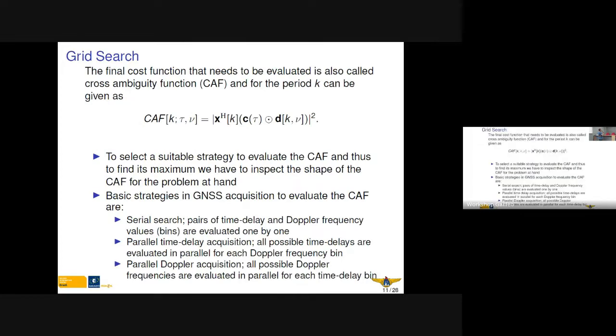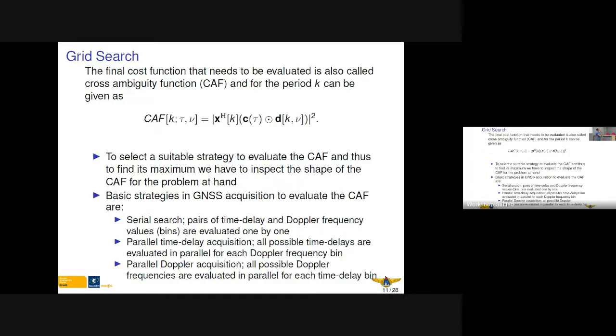Grid search. I told you already, we will use a grid search for the acquisition in general. And it's about how to do this grid search. But first, the final cost function that needs to be evaluated for this grid search is also called the cross ambiguity function. When you are working in the field of radar, you will be very familiar with this term.